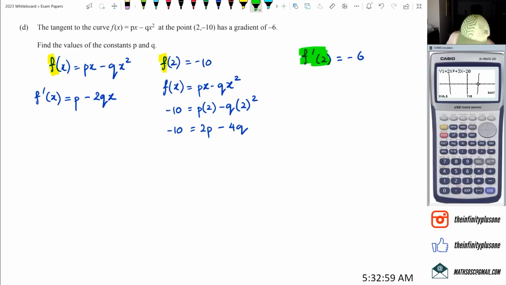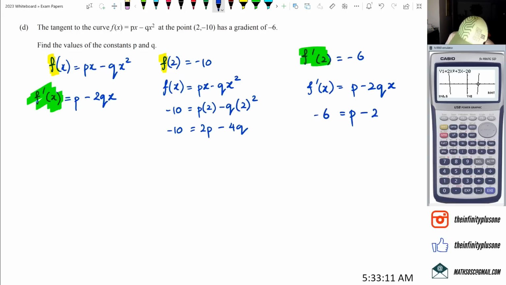Now we're going to look at our second equation, f dash of 2 and f dash of x. So f dash of x is equal to p minus 2qx. So we've got -6 is equal to p minus 2q2, so -6 is equal to p minus 4q. Because we've got that, we've got 2 simultaneous equations.